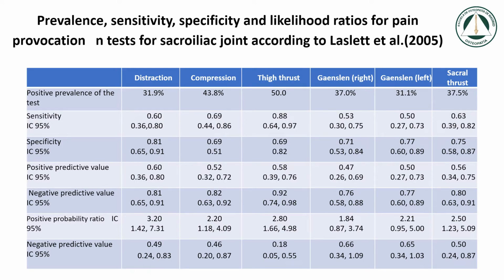In the study by Laslett et al. 2005, in a group of 3 or more provocation tests for sacroiliac joint pain, distraction, compression, thigh thrust, Gaenslen, and sacral thrust, the sensitivity was 94%, and the specificity 78%.